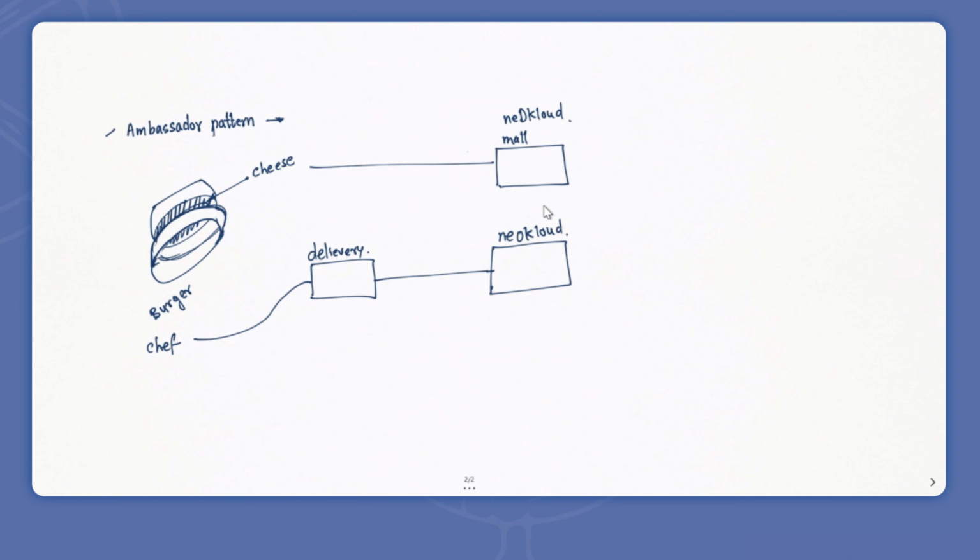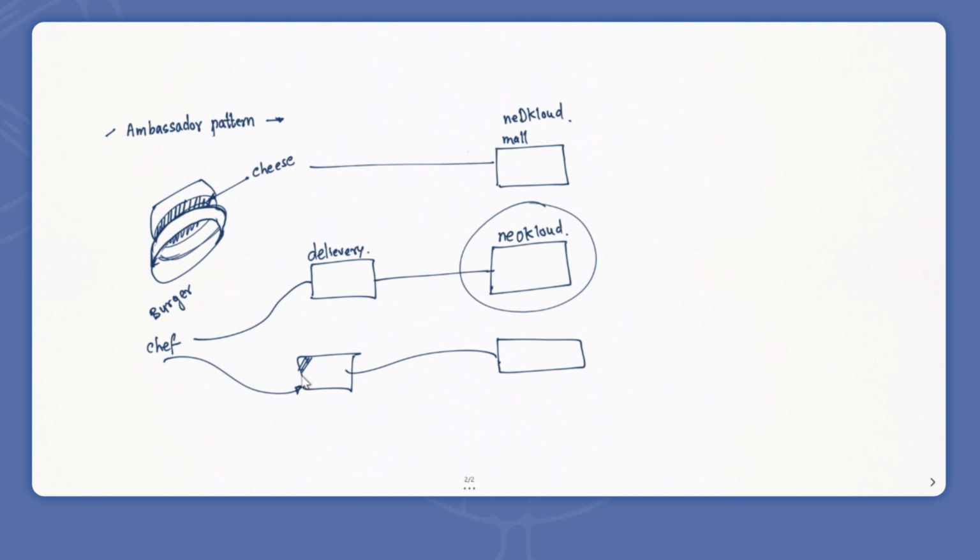If this has changed and is shifted to some other shop, then he has to call another delivery guy, and everything remains the same. So instead of changing the main container, only the delivery container can be changed.